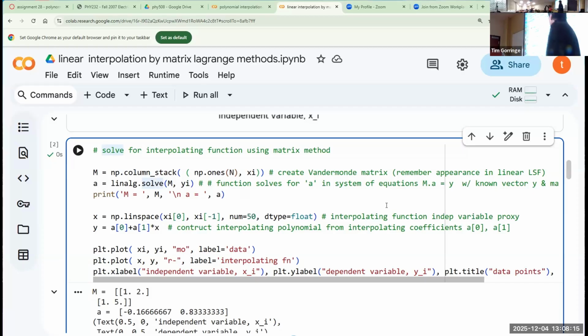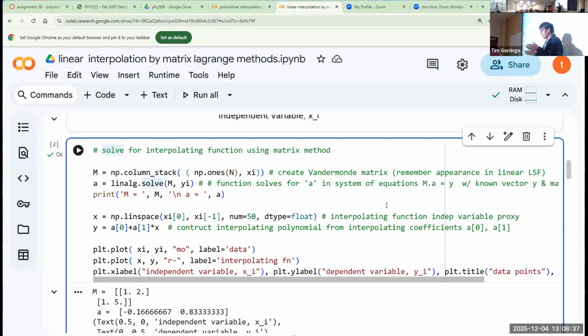So the columns already have different powers of x. Here I have 2 data points. What is the lowest order polynomial that goes through the data points? It is the number of data points minus 1.